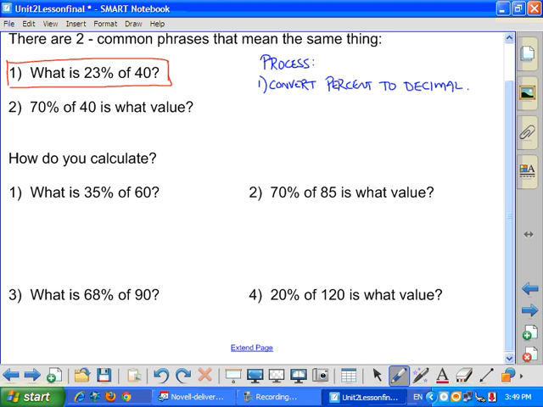So 35% is equal to, and remember, you don't have to show this every time, but I'm going to do it for the note. You're going to divide by 100, and you get 0.35.